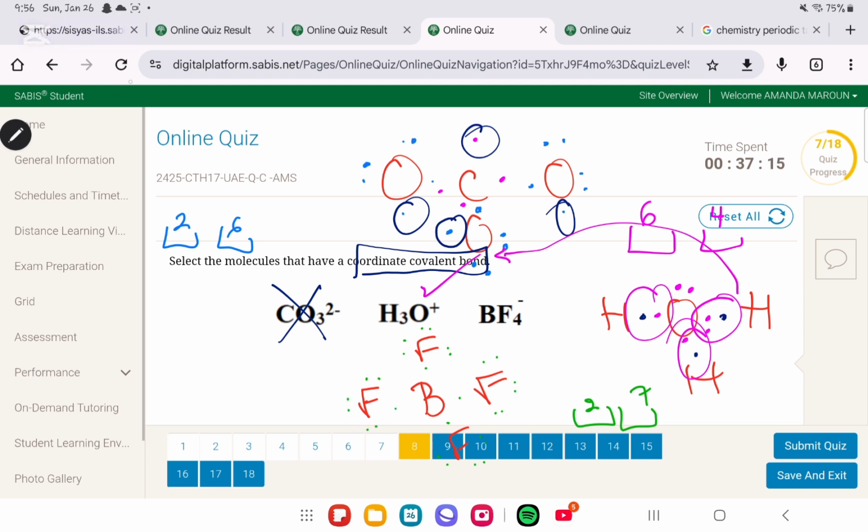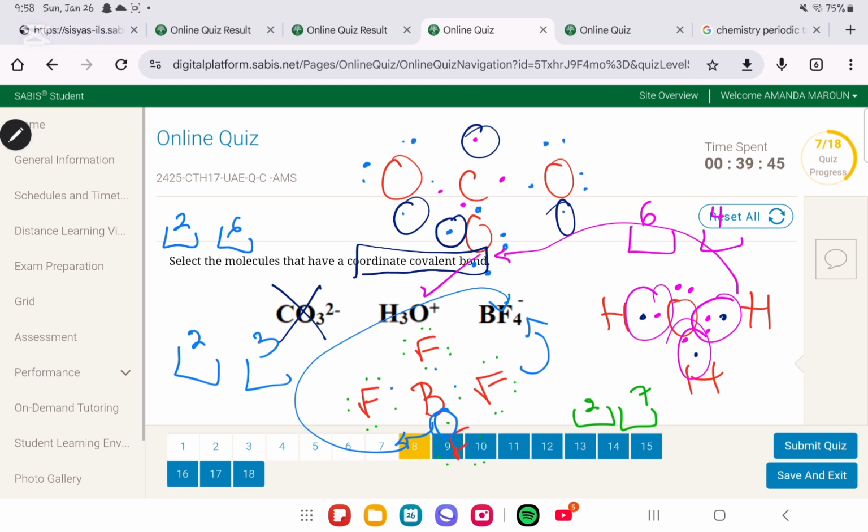Okay, and boron B has an atomic number of 5, so it's gonna be 2, 3, its electron configuration. So it's gonna have 1, 2, and 3. So we have one electron which is free, which makes it the BF4-, okay? But otherwise, it does apply to the coordinate covalent bonding.